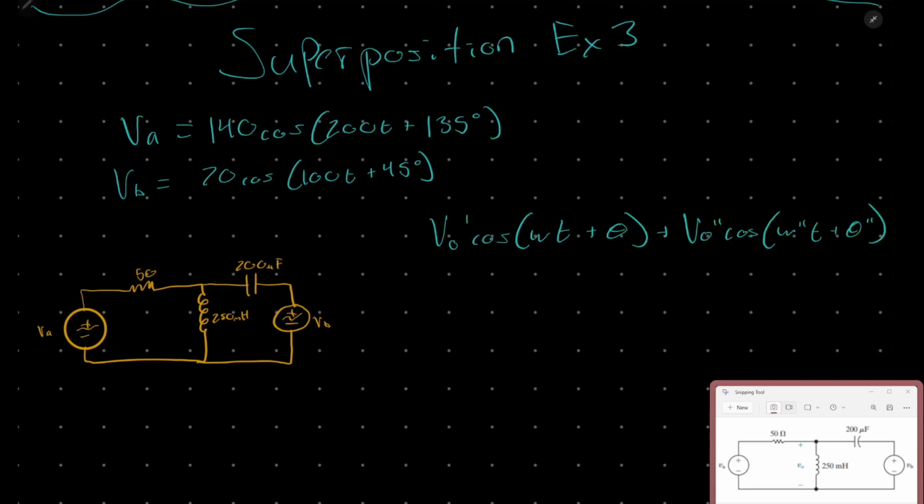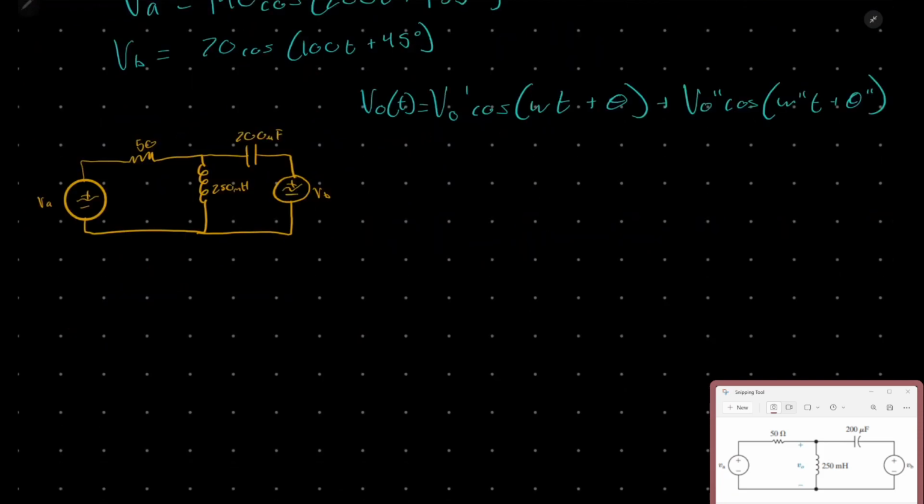So this is what one of our answers would look like. We'll get two separate sinusoidal functions, and then we would add them, just like how we would add our voltages or currents from other problems.